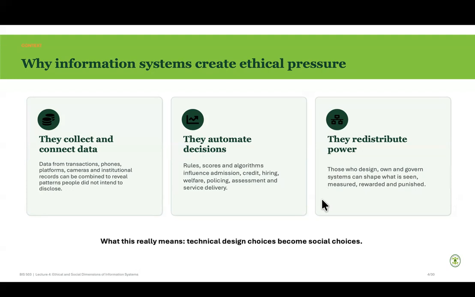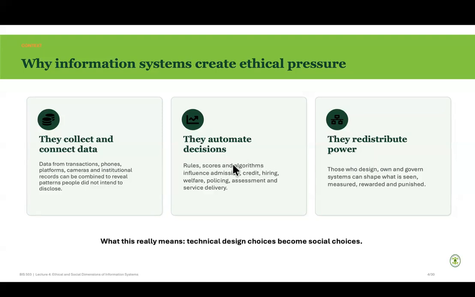A typical example would be if we consider a student portal that records attendance, assignment submissions, fee status, and activity on the learning platform. That information can help identify students who need support, but the same data can also be used to label, monitor, or even exclude students.